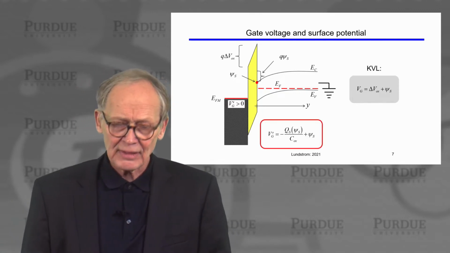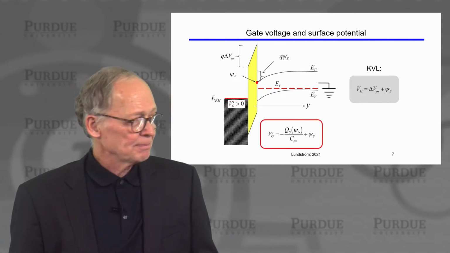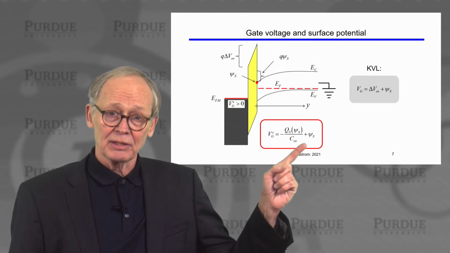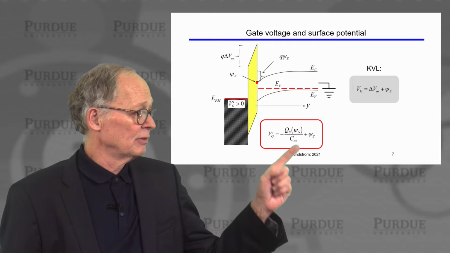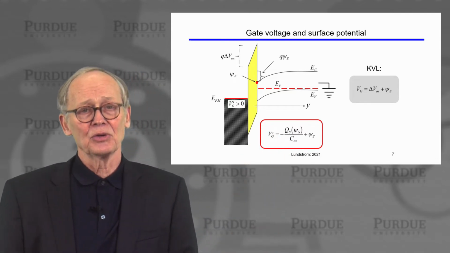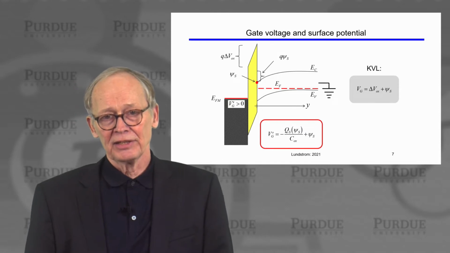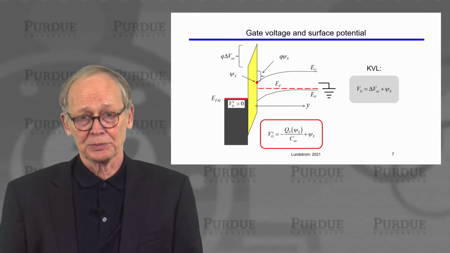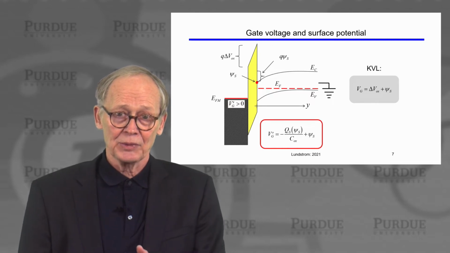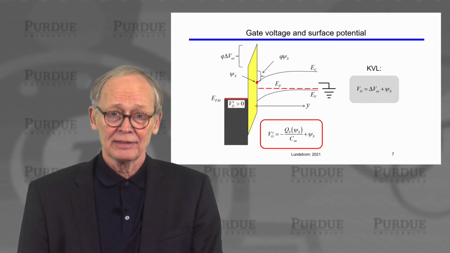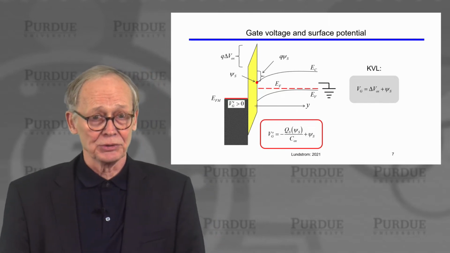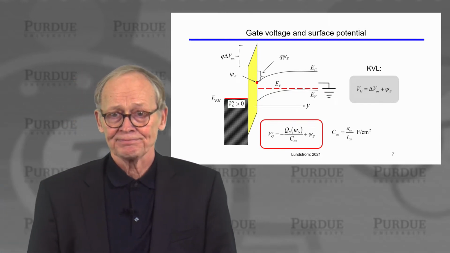And we showed that if we do that, we get this fairly simple expression that relates the gate voltage and surface potential. Of course, we need to compute the charge in the semiconductor, so we need to know how the charge in the semiconductor varies with surface potential. Then, given a surface potential, we can compute the charge in the semiconductor, and then we can figure out the gate voltage that produced that surface potential.